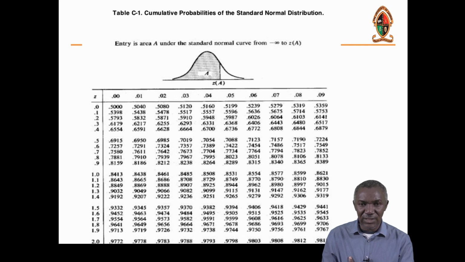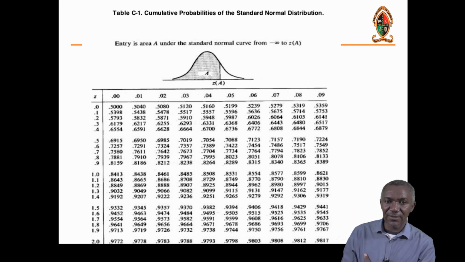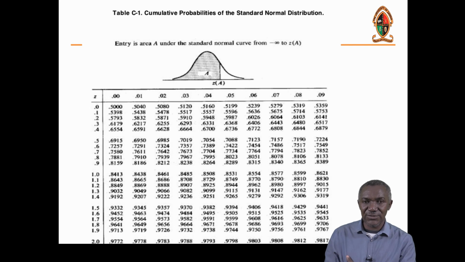But since it is all shaded up to here, we take into account that this value includes not only half of the area, but the entire area below this value. So you have to look at the particular table and how it's read. Some of them only deal with half of the table, so you have to be very careful when you're looking at this table.